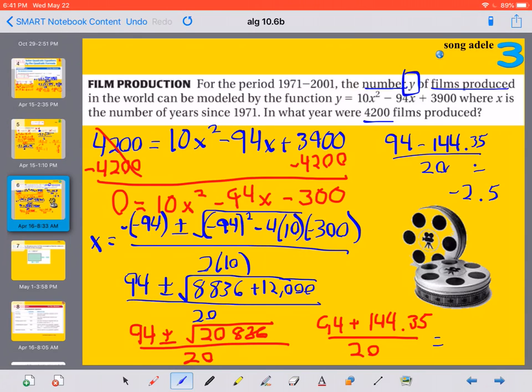If I do this one, 94 plus 144.35, divide that by 20, we get 11.9.